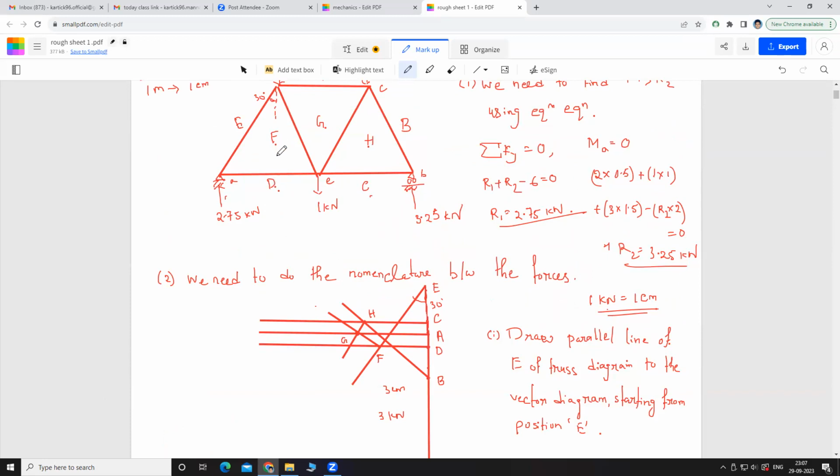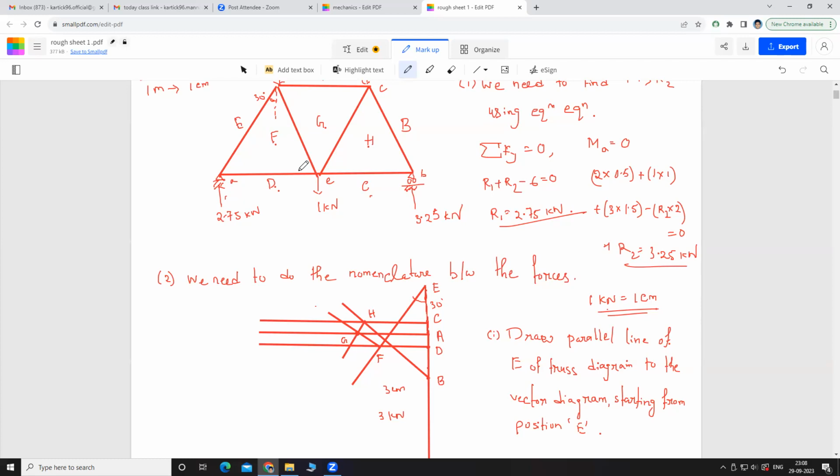What will be the right side? That is this side. Uh, so what was it? I didn't understand.